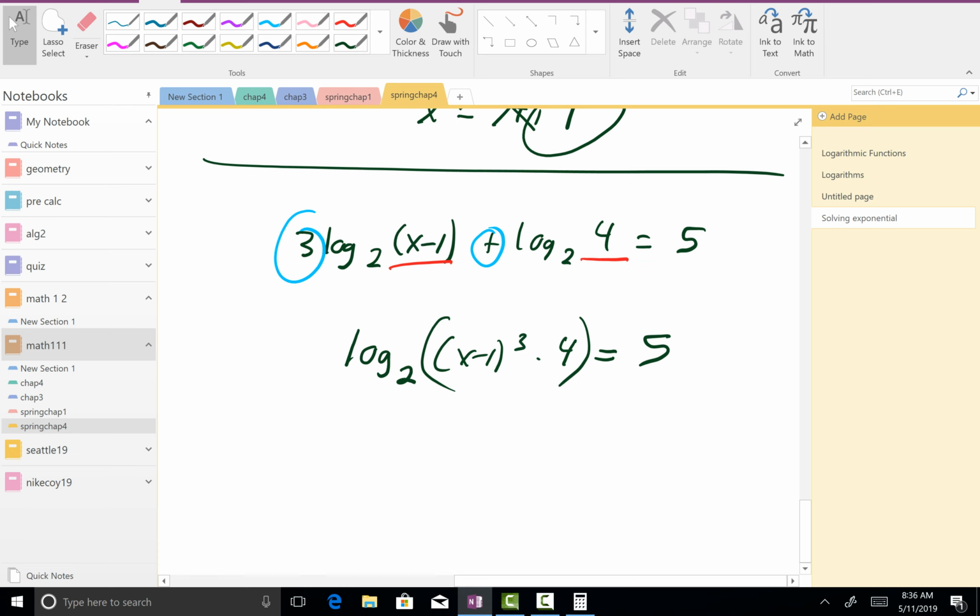So again, this looks pretty messy. But let's see what happens. So here, we want to apply that definition of a logarithm again. So 2, see, you keep using that definition of a logarithm. It's so important in a lot of these problems.